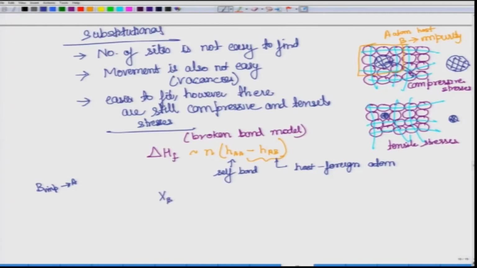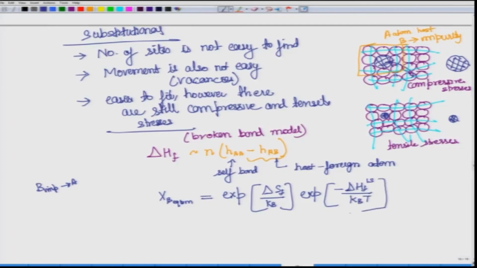So, x B equilibrium, using our same old formulation, we can write it like this, with delta S f. So, it will not be very different, again it is something similar, only how you find delta Hf is different.